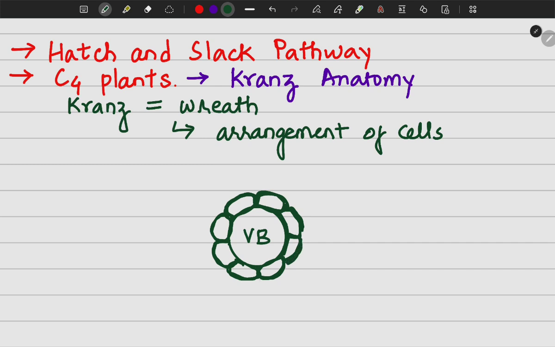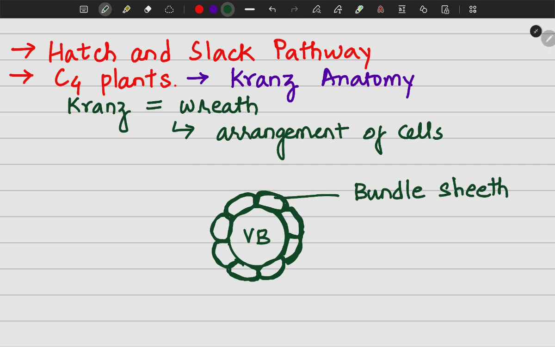So in Kranz anatomy, we will see that there will be several layers of bundle sheath whose cells are very thick, and they will be impervious to gaseous exchange. They will not allow any gases to pass through them, and there will be no intercellular spaces between the cells.